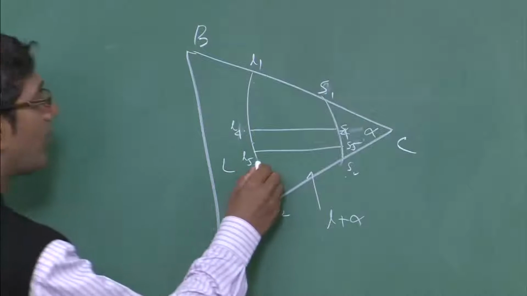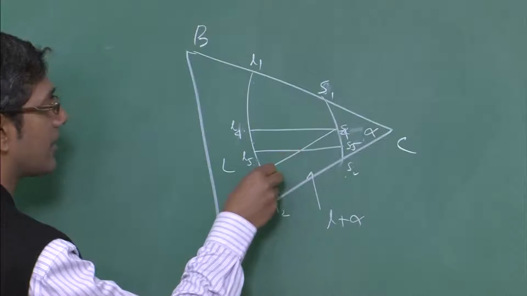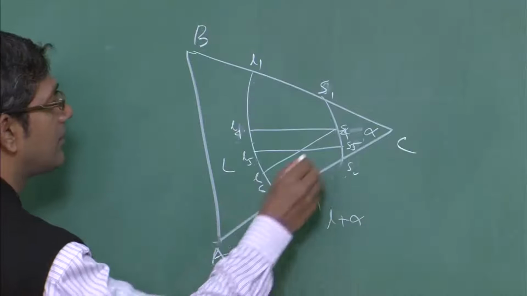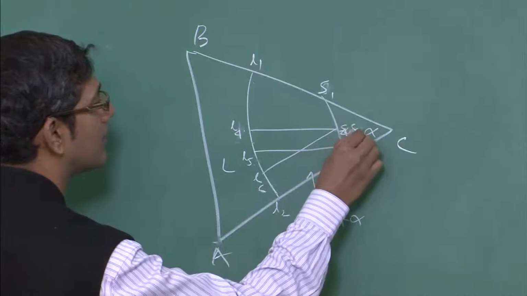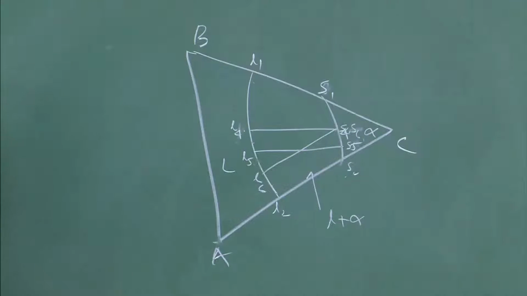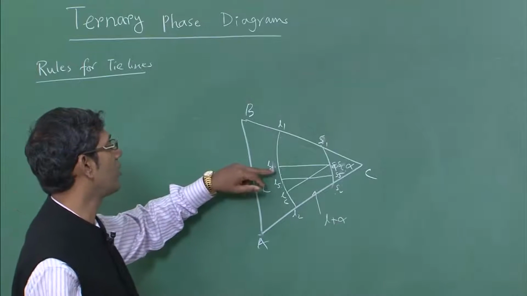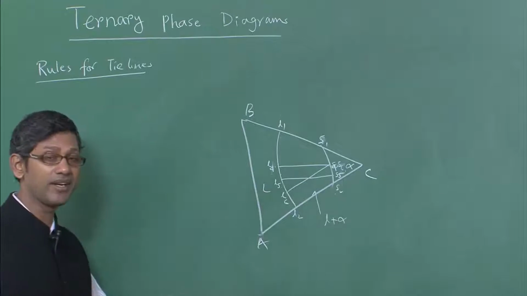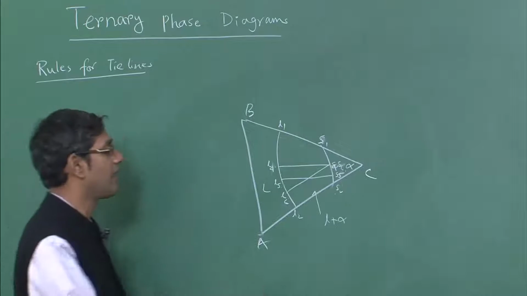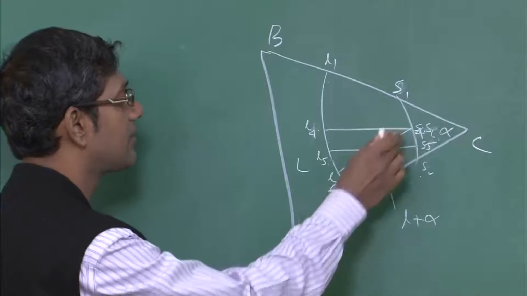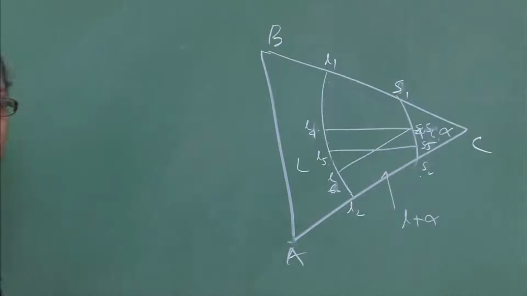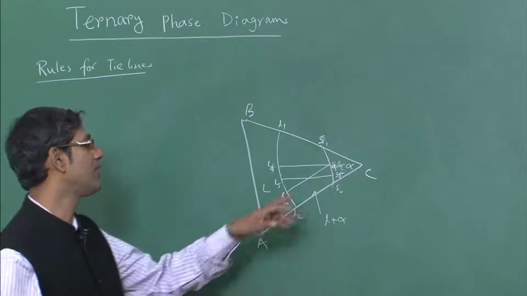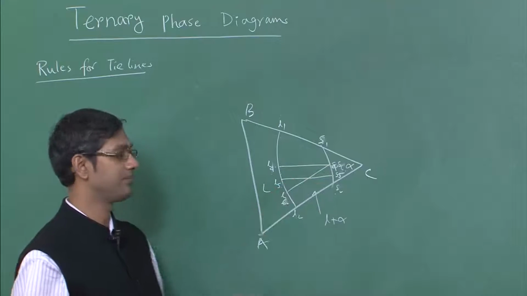Now, suppose I draw a tie line in such a way that it intersects, L6 S6. This construction is very clear to understand. Initially I draw a tie line L4 S4, another one L5 S5, which are not intersecting. Now I draw a tie line L6 S6 which intersects the L5 S5 tie line in such a way that the ends meet at S4.